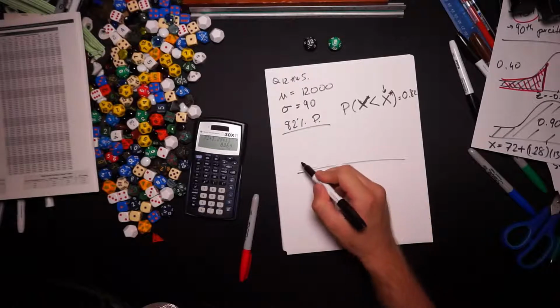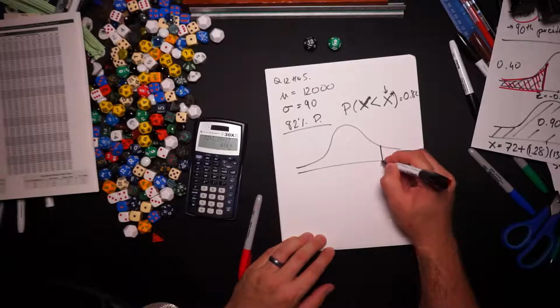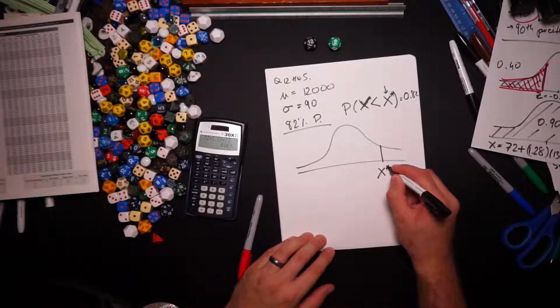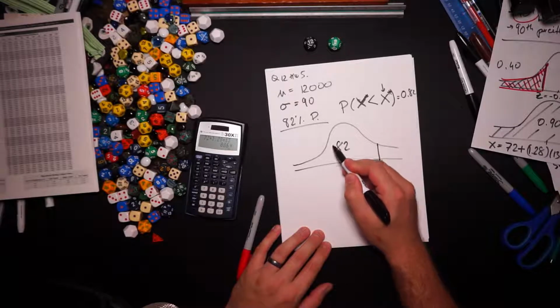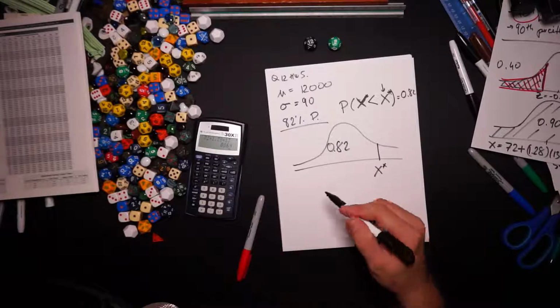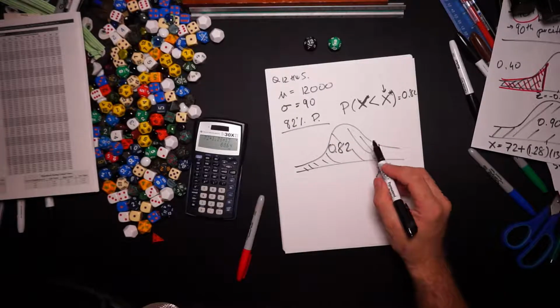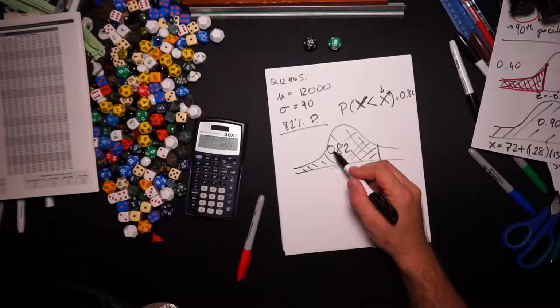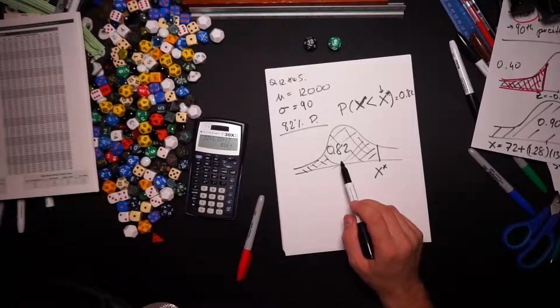What we're looking for is some value X star here, for which 82% of the times you're going to go below. So we're looking for this area, right? We know how big this area is. It's 82%.